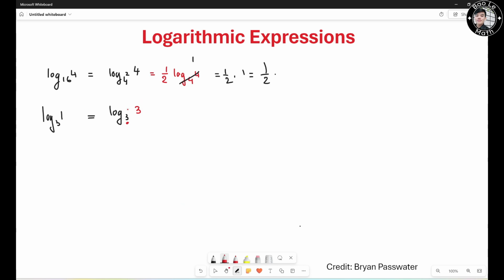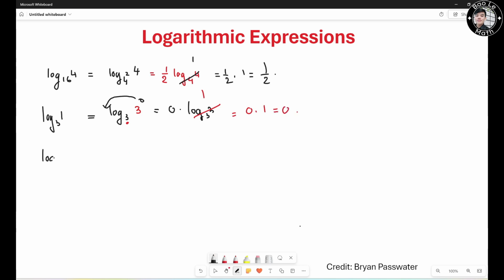We see that 3 to the power of 0 equals 1. So we replace 1 with 3 to the power of 0. Now we bring 0 to the front, so we have 0 times log base 3 of 3. Log base 3 of 3 equals 1. So we have 0 times 1 equals 0.